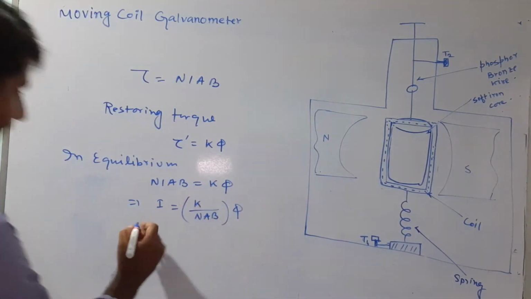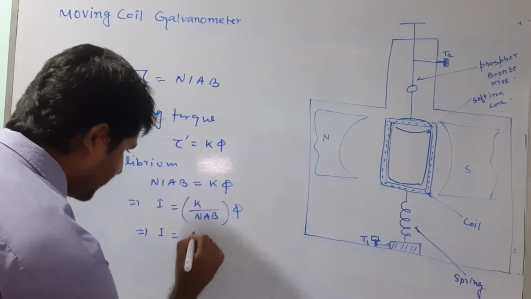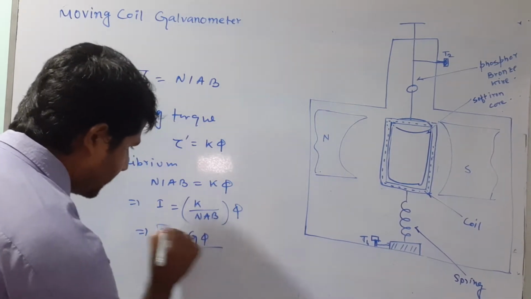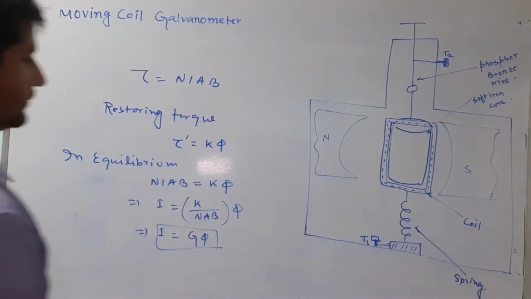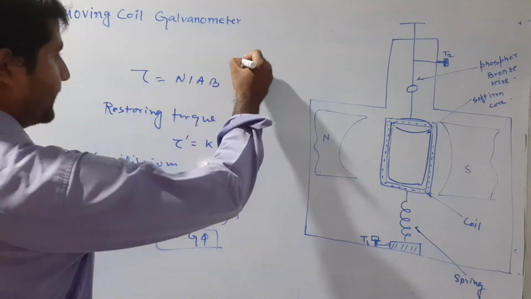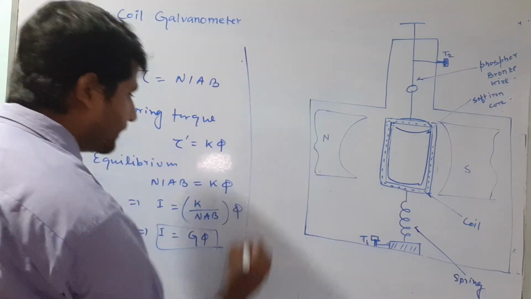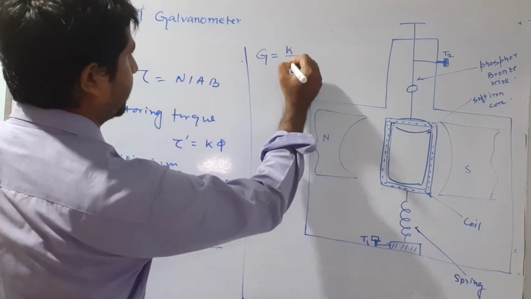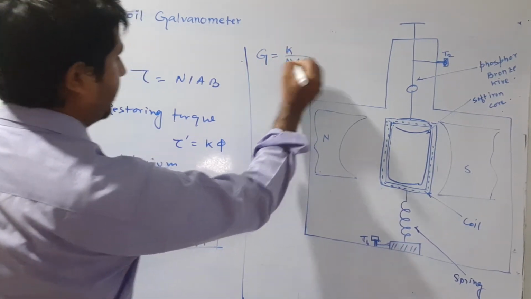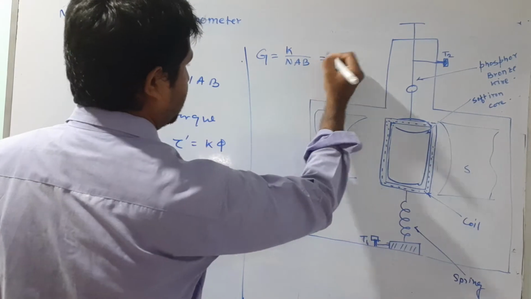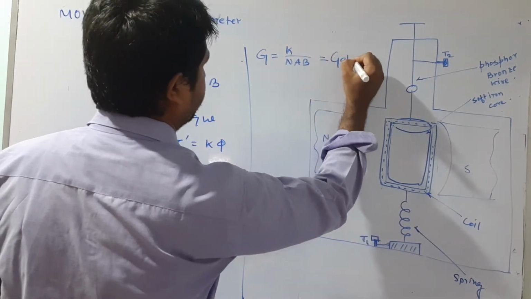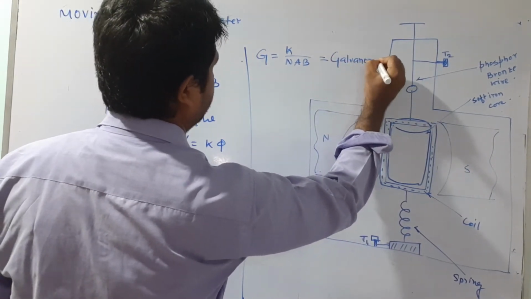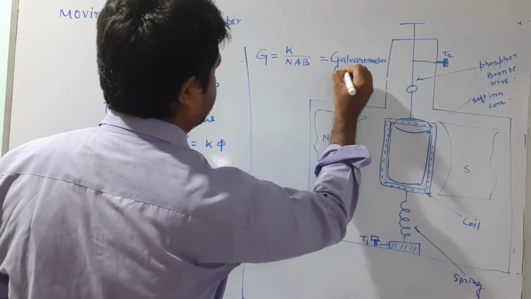Now these are constants, so we take this constant as G into phi. Here G equal to K by NAB is a constant and is called the galvanometer constant.